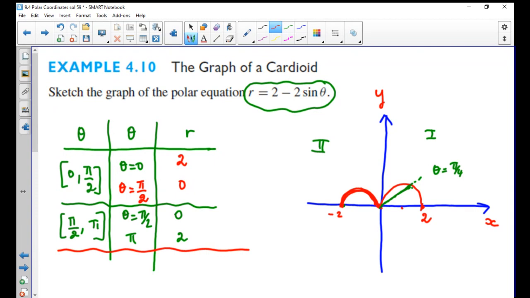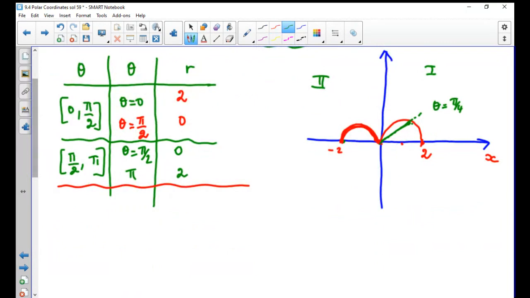Okay. And then the third interval, what will be the third interval we need to look at? Yeah, so from pi to 3 pi over 2. At pi, we know that we are starting from the 2.